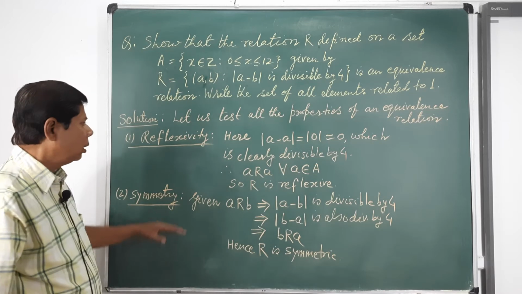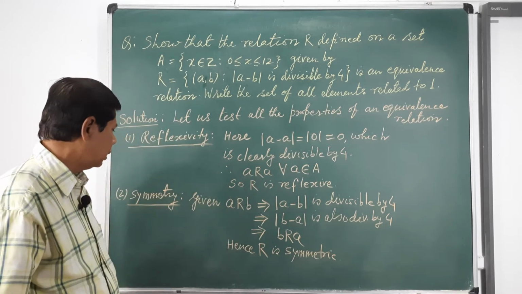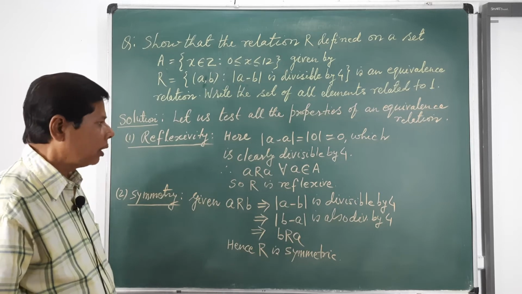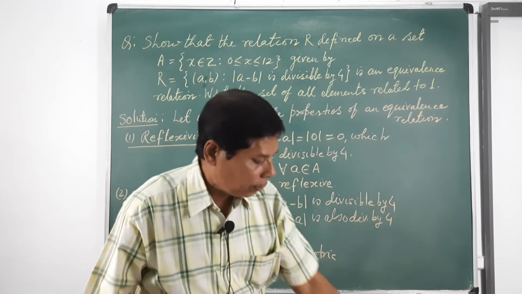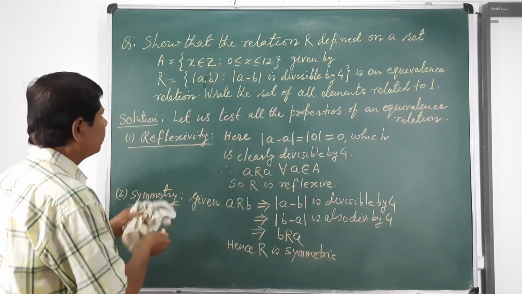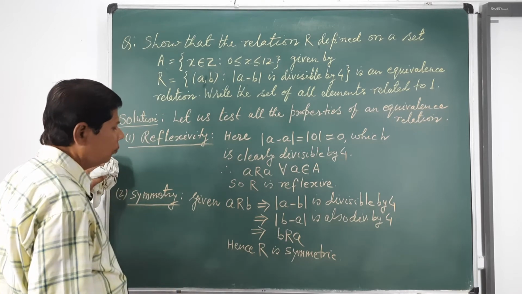So the given relation R is reflexive as well as symmetric. Now the third property is transitive. The transitive property will be shown, and thereafter we shall find out the set of all elements related to 1.